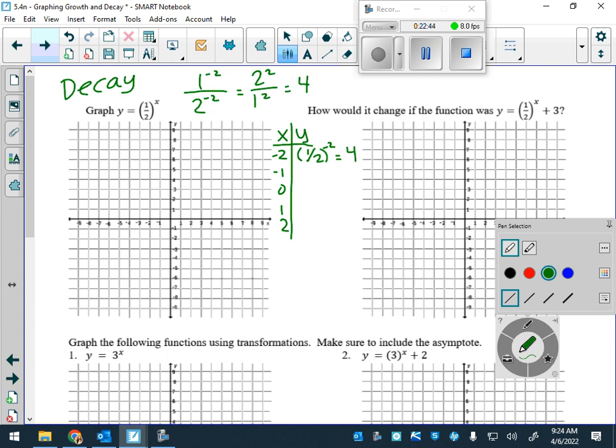Gives you 4. All right. 1/2 to the -1st would be 2. Good. 1/2 to the 0. 1/2. And then 1/4. Okay. -2, 4.